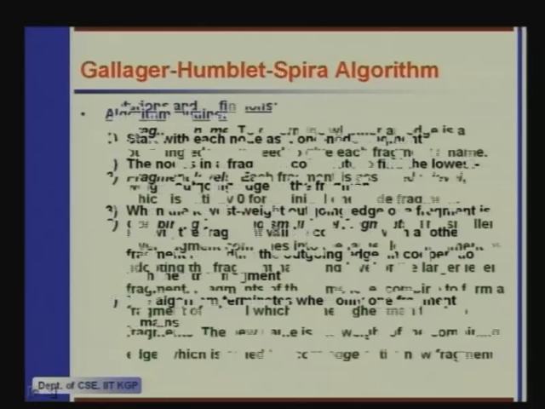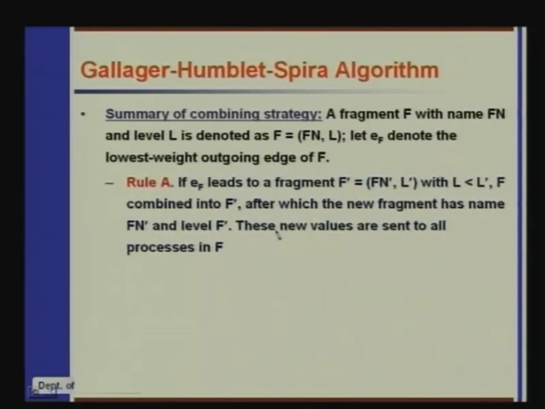level. We had seen that the rules for joining two fragments was like this: if for a fragment f, Ef is the lowest weight outgoing edge from the fragment, then if the edge Ef leads to a fragment f dash, then the joining will take place provided that the level of f dash, namely L dash, is greater than L. Then the joining will be allowed by rule A, and when this happens, then the smaller fragment, namely f, will inherit the name and the level of the higher level fragment.